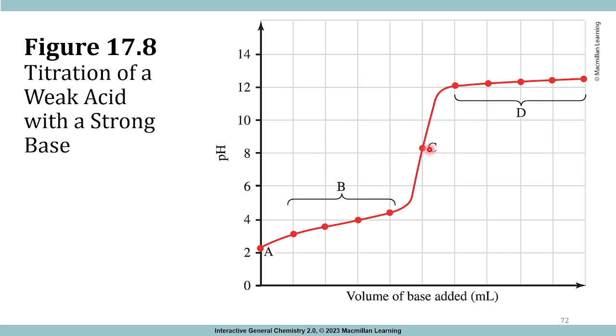By the way, was there something special about the Henderson-Hasselbalch formula when the moles of base and acid are equal? So in the Henderson-Hasselbalch, remember it's the pH equals pKa plus log of base over acid, right?